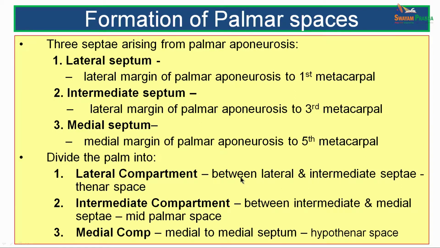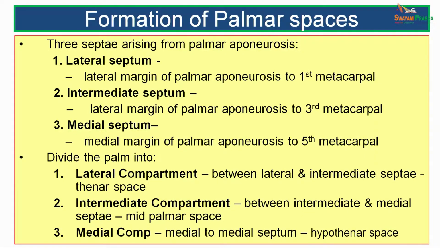Let us now again see how the formation of these palmar spaces occurs. As I said, there are three septae arising from the palmar aponeurosis: the lateral septum, the intermediate septum and the medial septum. The lateral septum arises from the lateral margin of the palmar aponeurosis and gets attached to the first metacarpal.